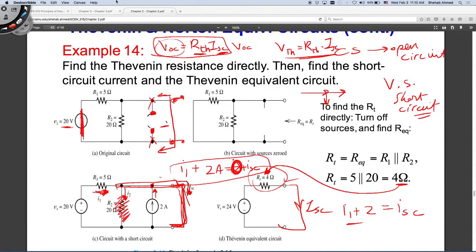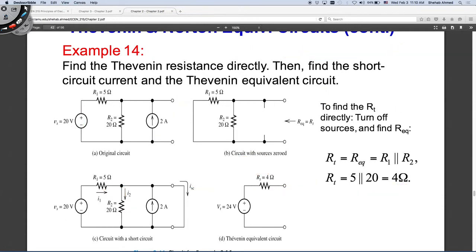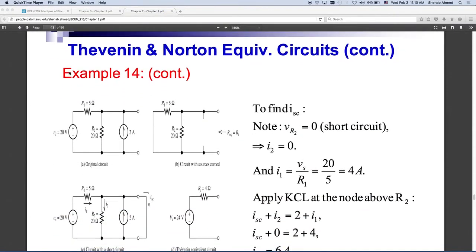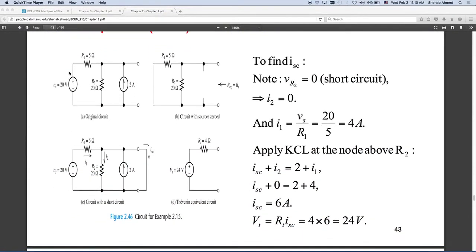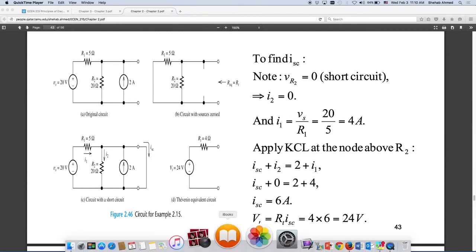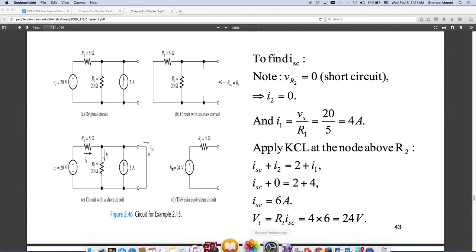Let's see. This is what we were referring to, the fact that to find I short circuit, we know that VR2 is 0. R2 is this resistor here, right?